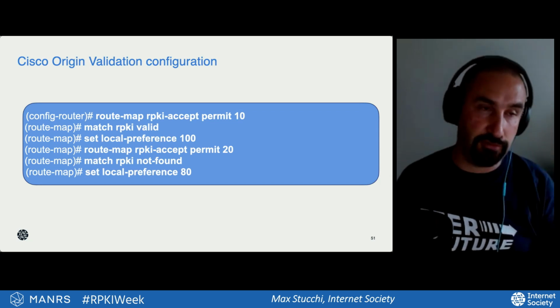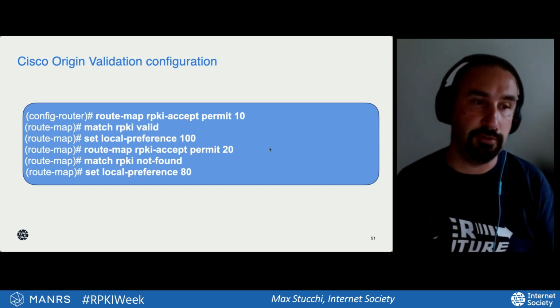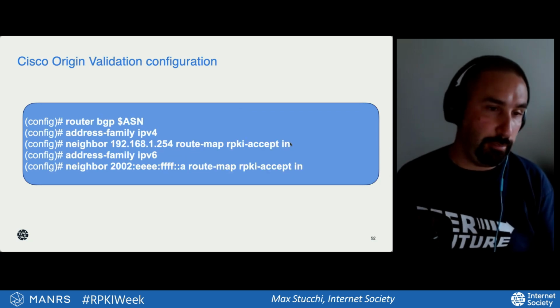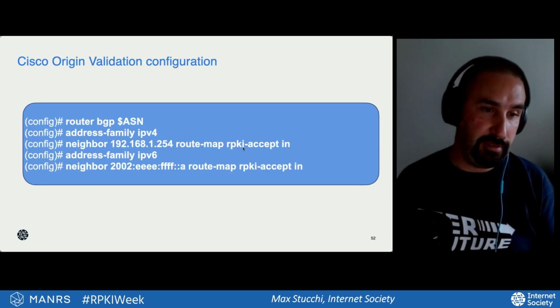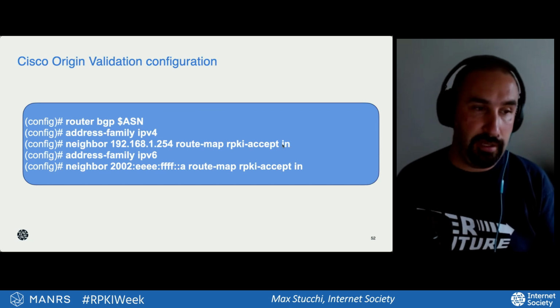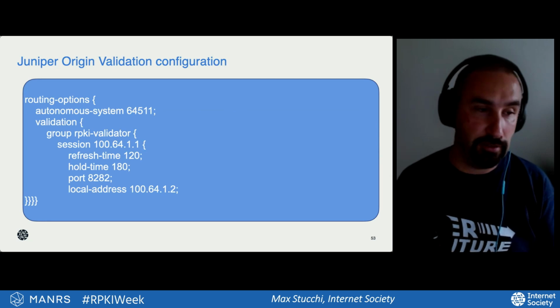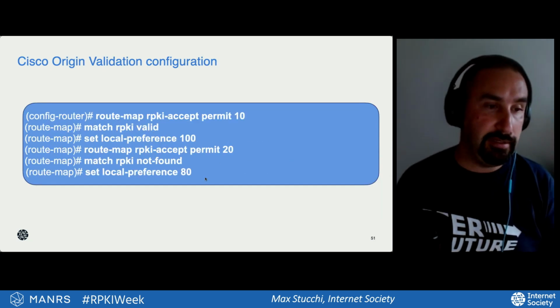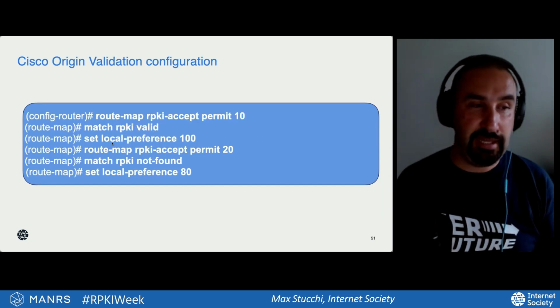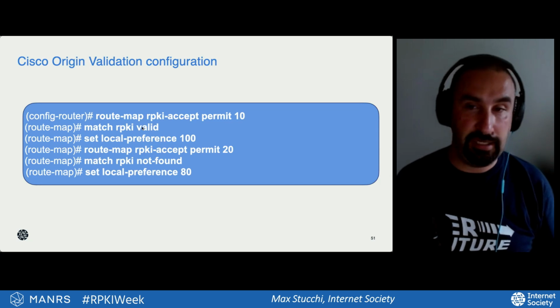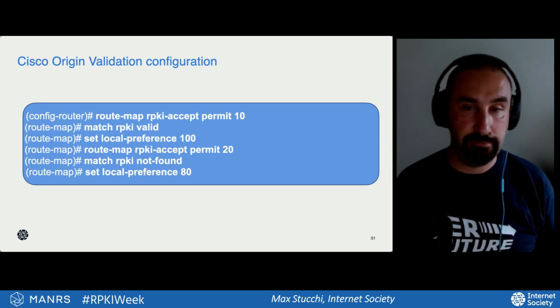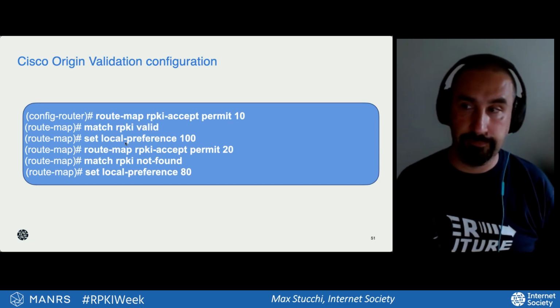Although you can see it also when you run a series of commands. Then you apply the route map, RPKI accept, on the inbound. Let me go back, because we don't have a specific statement matching RPKI invalid. The invalid prefixes will just be discarded.